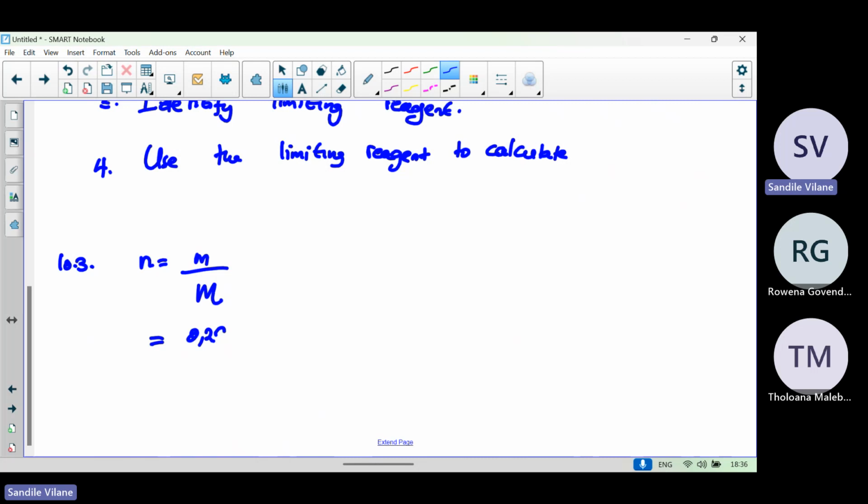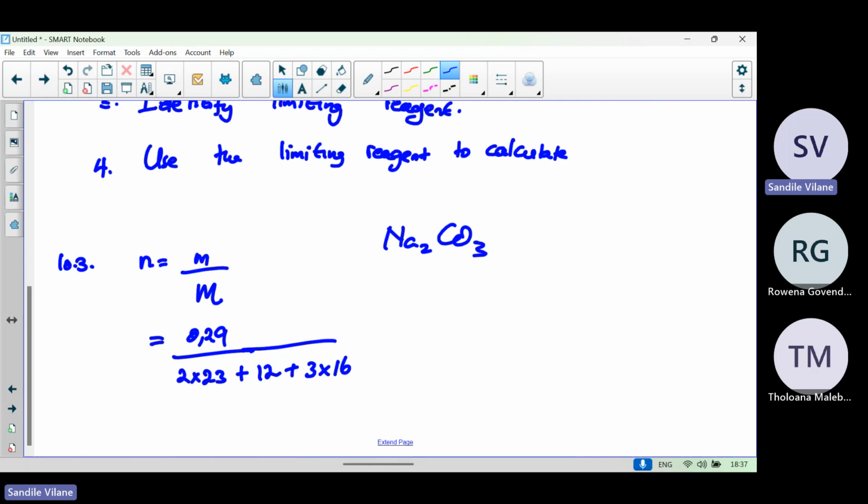So our mass, remember, is 0.29. Sodium carbonate is Na2CO3. There are 2 sodium atoms, each with a molar mass of 23. There is 1 carbon atom with a molar mass of 12. And there are 3 oxygen atoms with a molar mass of 16.